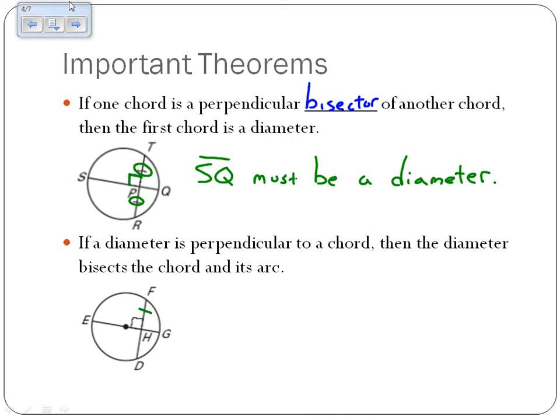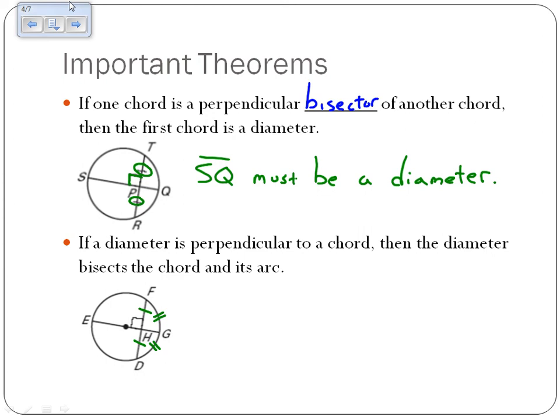So FH must be congruent to HD. Does that make sense? And it says it bisects its arc. So what would the arc be? Arc FG must be congruent to arc GD, the other arc. Okay? So a diameter, if it's perpendicular, must cut it into two equal pieces.